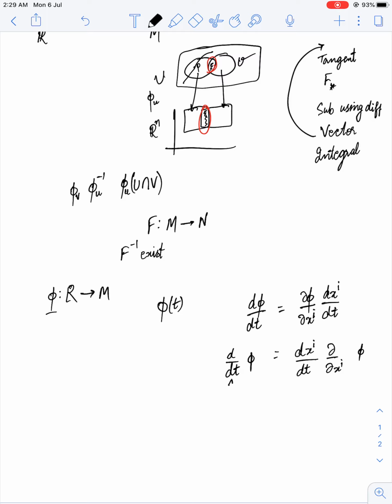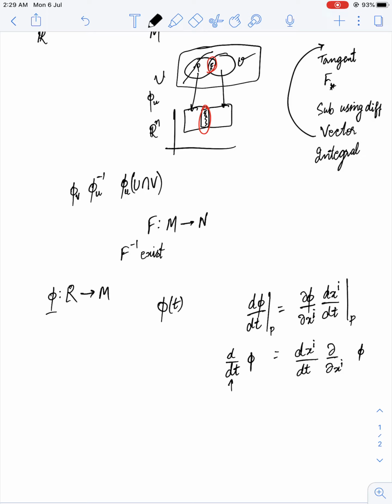So this is the differential operator associated with the vector at point P, and f has to be at P. This is the differential operator associated with the vector.